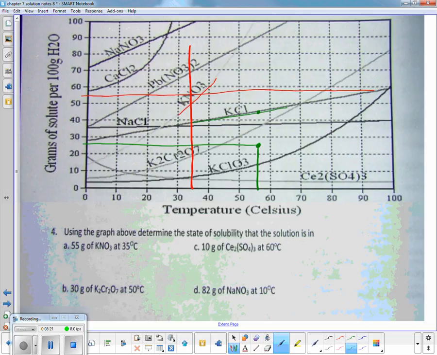Above that line would have to be a supersaturated solution. So for KNO3, anything on this side of the line right here would be supersaturated in order for it to be that way. Otherwise, on the line would be saturated, below the line would be unsaturated.